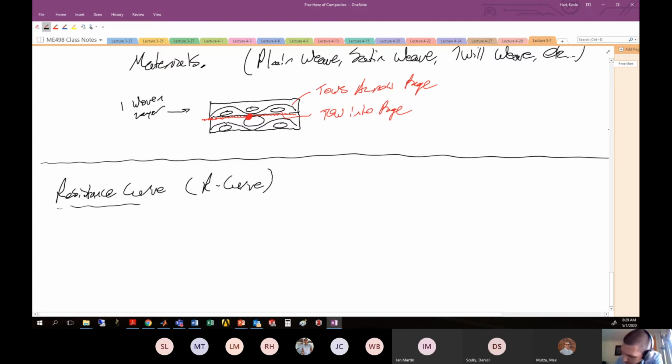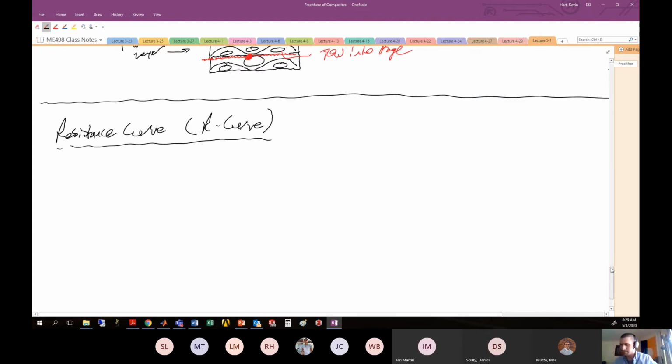And this is for, in this case, the stick slip behavior.